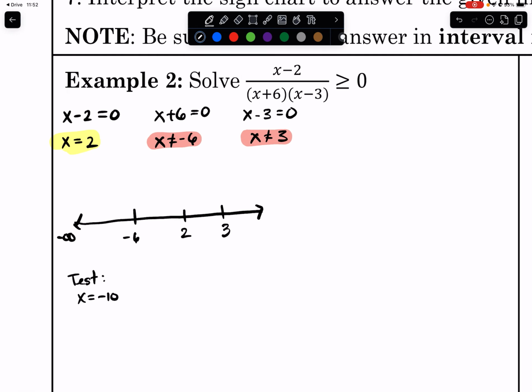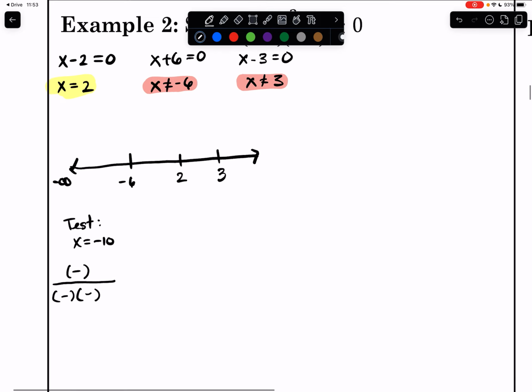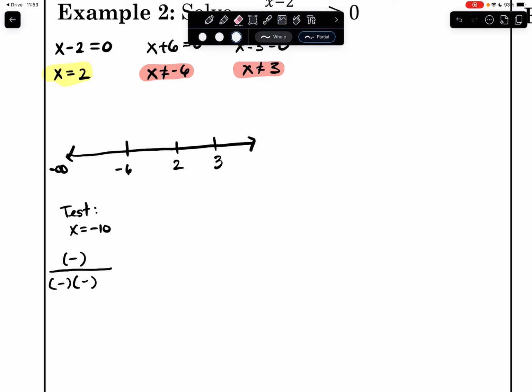If I plug in negative 10 here, that's going to give me a negative value. Negative 10 minus 2 is negative. And then when I plug in negative 10 on the bottom, negative 10 plus 6 is negative 4, and negative 10 minus 3 is also a negative number. So I'm testing that value here.